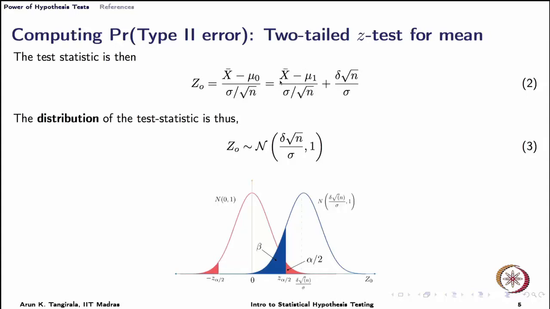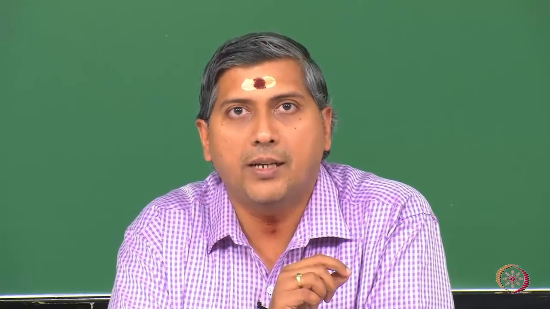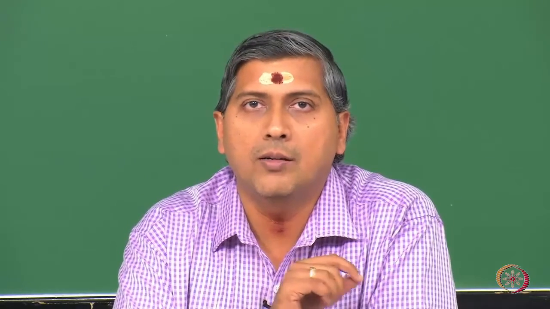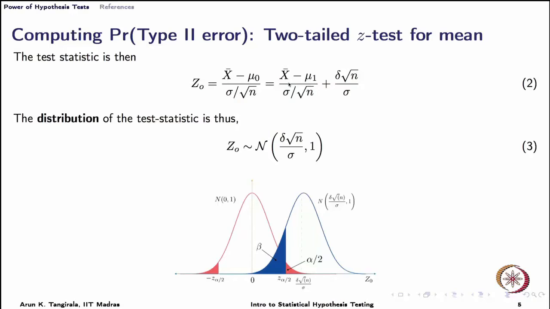Remember, x bar is computed from the data, and the data comes from a population with mean mu 1. Naturally, this first random variable has a mean 0. If I compute the expectation of Z observed, it is the expectation of the sum of these two terms. The expectation of the first term is 0, because x bar is the sample mean, an unbiased estimator, computed from data which comes from the truth.